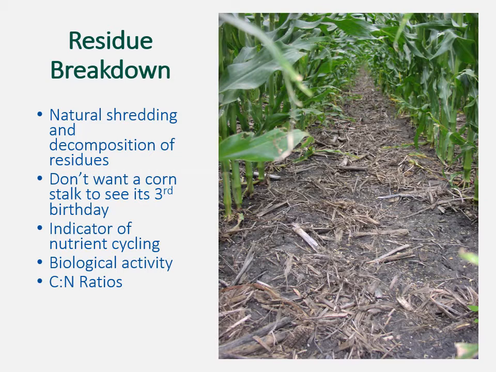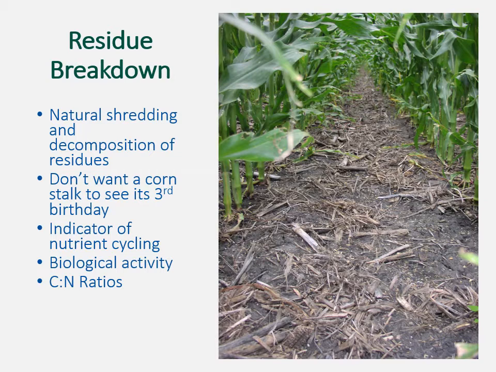Some of the things that we want to think about are how we want to handle that residue. We want to think about residue breakdown in high, medium, and low rates. So if we have a high rate of residue breakdown, when we pick up those residues in the field, those residue pieces are small, they're mixed into the surface, or there's minimal crop residues from more than one cropping season.